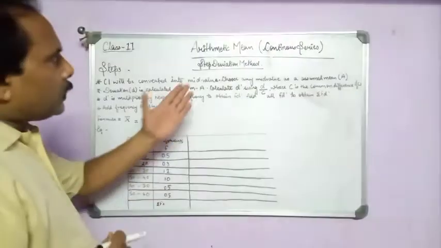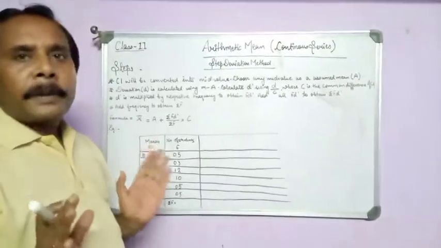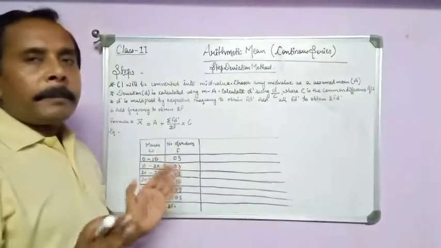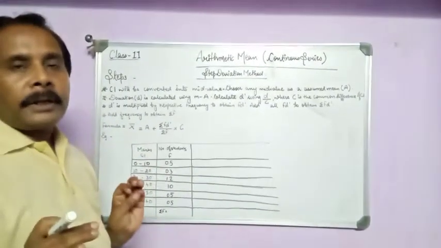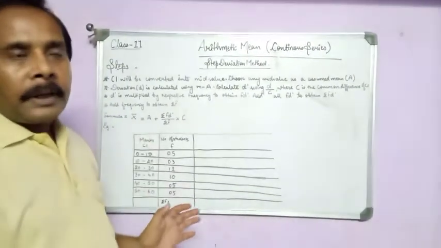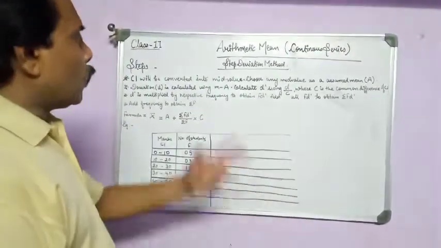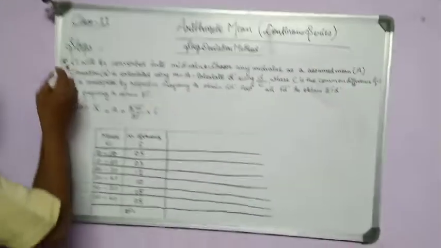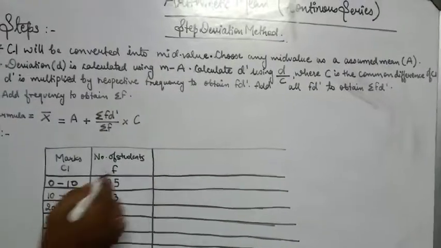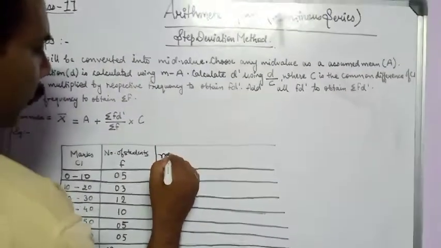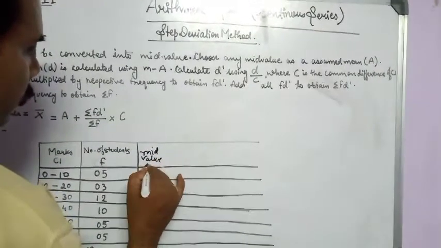Just before this we did the shortcut method, where up to D, the deviation, is calculated. Now we move only 2 steps further. First, the CI will be converted into mid value. So again here we will calculate the mid value, that is M.